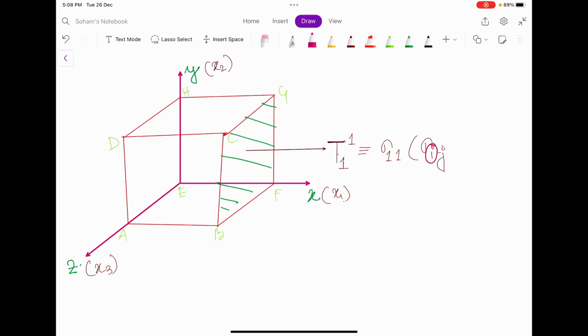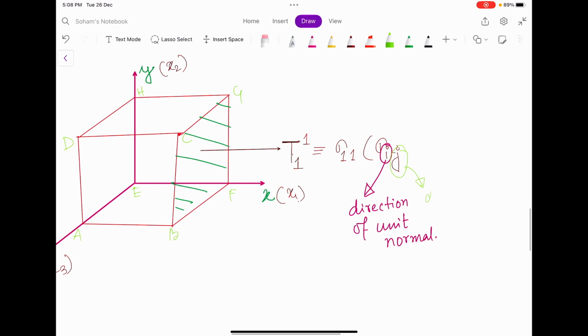So essentially this i is the direction of unit normal, and this j is what, the direction of application of force.